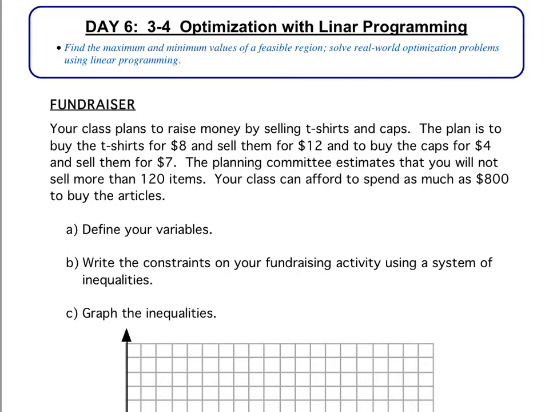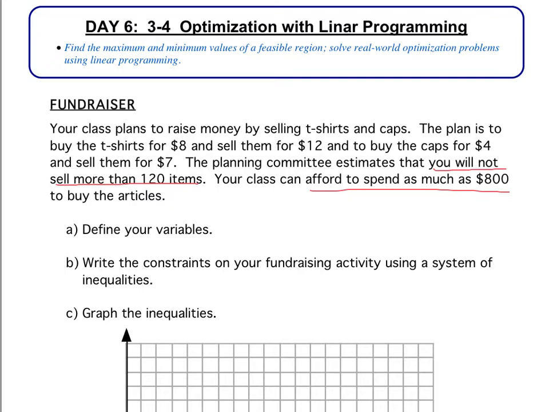Alright, big reminder, when they say things like that you will not sell more than 120 items, that's a hint as to one of the constraints that we're going to have. Your class can afford to spend as much as $800 to buy the articles.